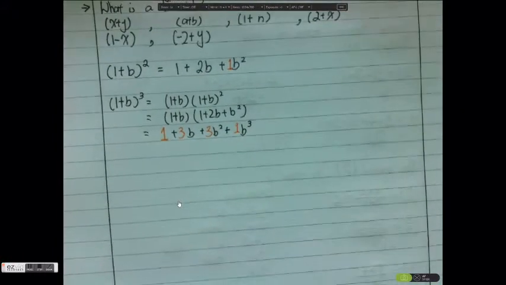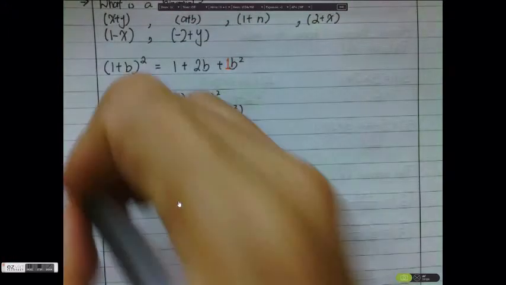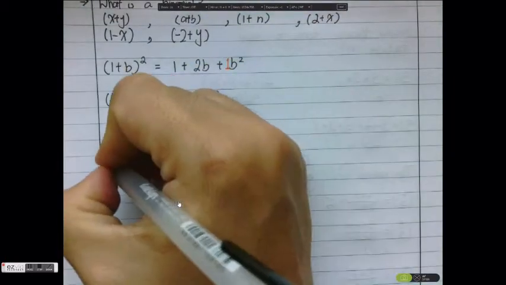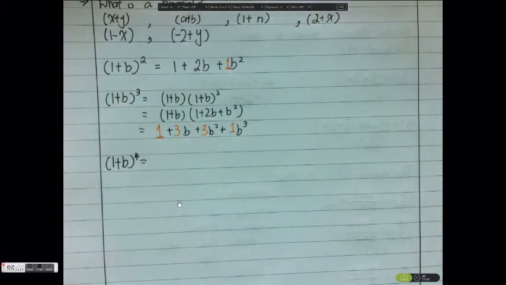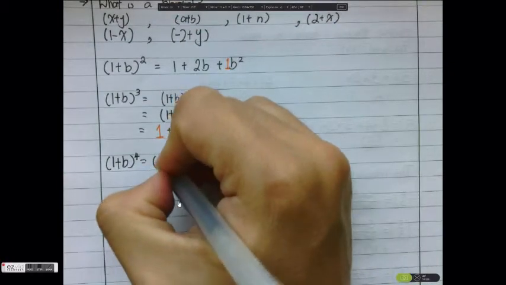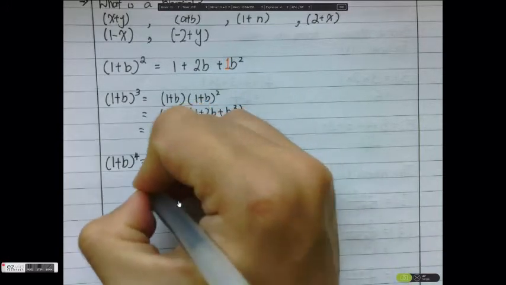There's a certain reason why I am putting these coefficients in orange, but we will explore that a little later. On your own now, pause the video and try to see what you get when you expand 1 plus b to the power of 4. 1 plus b to the power of 4 is 1 plus b times 1 plus b to the power of 3.